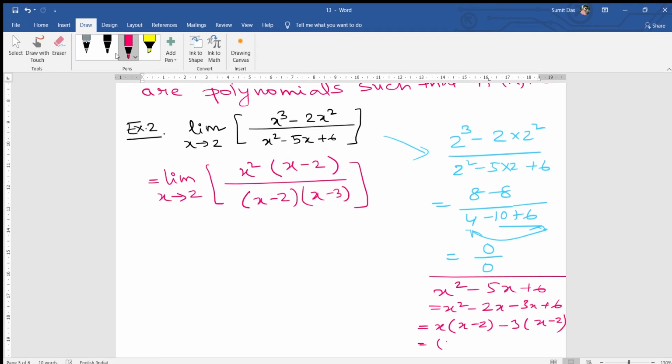Then if you take x minus 2 common, it will be x minus 3. Okay, that is the function. I'm not doing it in the main work, otherwise 1, 2, 3 steps we have to write like this.